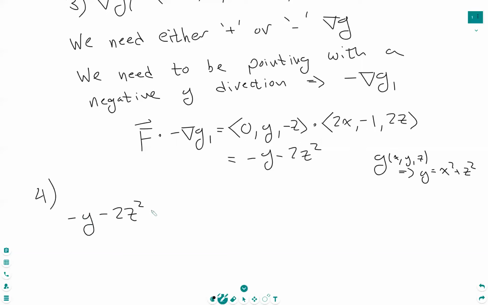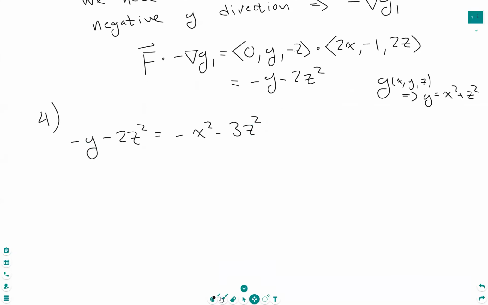So I can go ahead and substitute that in. I can get negative x squared minus 3z squared. Sorry, z squared. All over the place today.